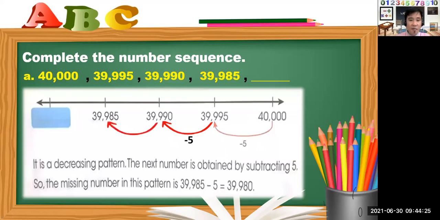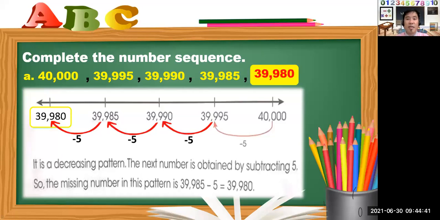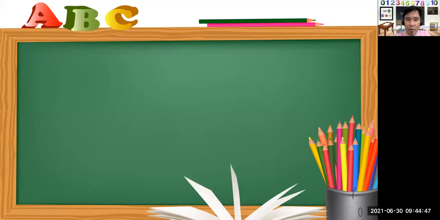Again, minus 5 becomes 39,985. Now, if we subtract another 5, the missing number here is 39,980. Therefore, the answer here is 39,980.